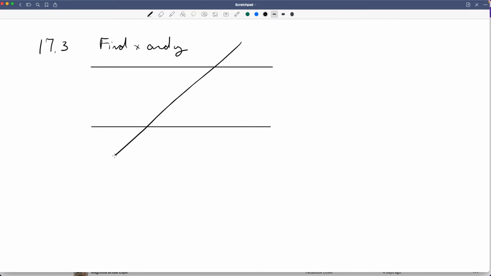And so one of the things that we know about transversals, or that we should know about transversals, is that they create what's called alternate interior angles. And alternate interior angles just means that the opposite angles on the inside are going to be congruent to one another. So this one is congruent to this one, and then this one is congruent to this one.